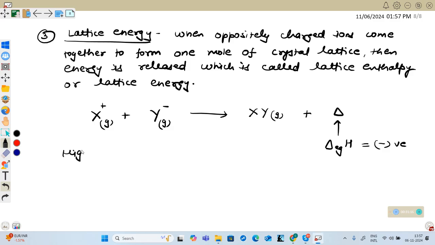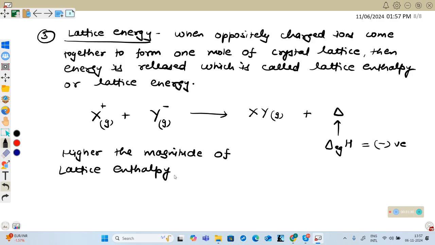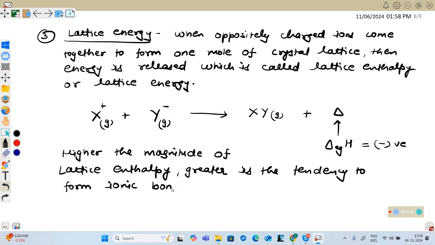The higher the magnitude of lattice enthalpy, the greater the tendency to form an ionic bond.